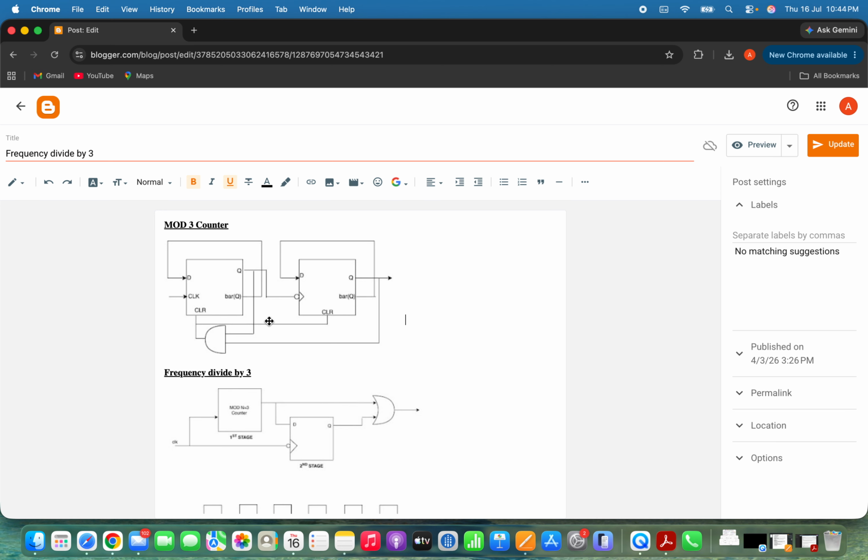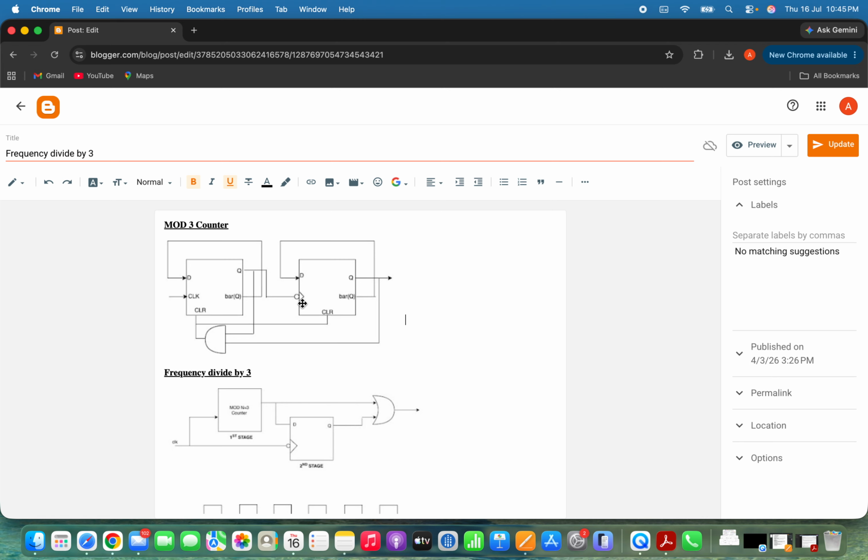This circuit consists of two D flip-flops. Both flip-flops are configured in toggle mode by connecting the complement output Q bar back to the input. The first flip-flop receives the external clock directly, and the output of the first flip-flop is connected to the clock input of the second flip-flop.